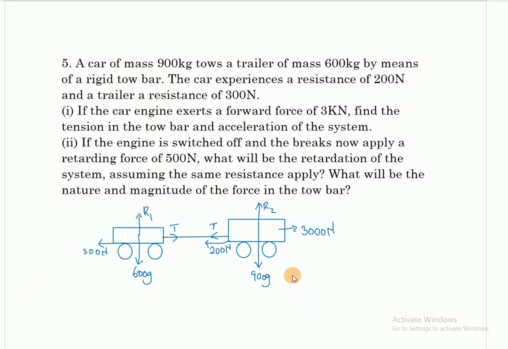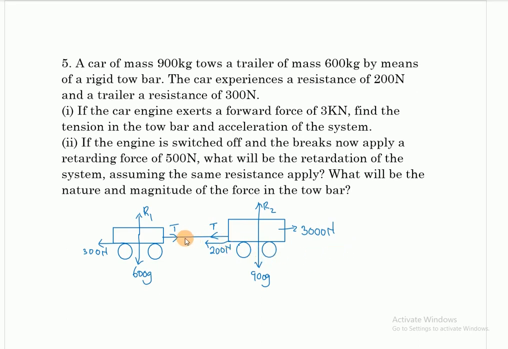So a car of mass 900. Having a mass of 900 kilograms means a weight of 900 times g, the gravitational acceleration. And the mass of the trailer is there. This is the tow bar. There is some bit of tension there, with respect to the car. The tension is acting backwards, because as the car is moving forward, the tension is pulling it backwards.